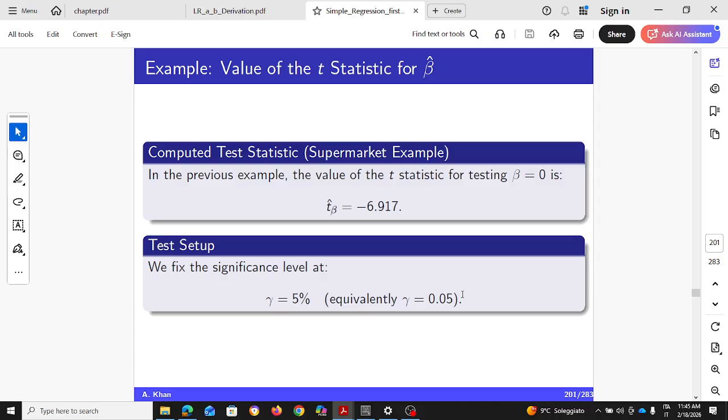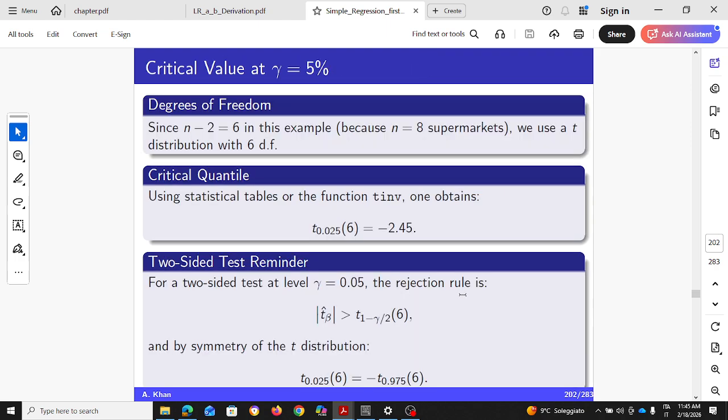If TB is greater than that quantile, with n minus 2 degrees of freedom, which here is 6, we get this value, which we call the critical value. And we do it for both sides of the tails, so for one side of the tail with n minus 2 equal to 6, we have this value.